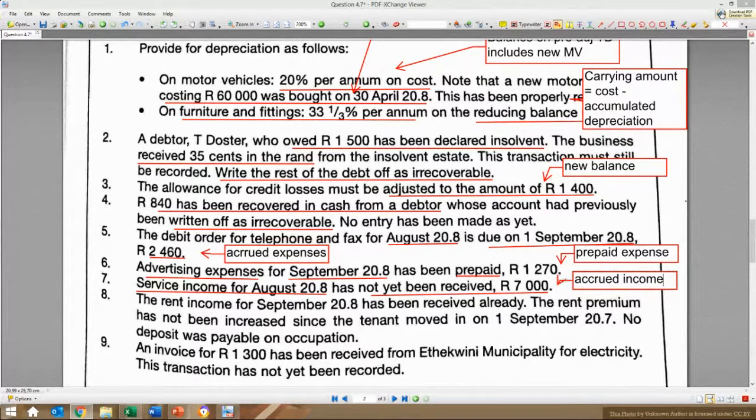Okay, so let's start with entry number 8, which says rent income for September has been received already. That means the rent for September 2008 has already been received, and the rent premium has not been increased since the tenant moved in. So the rental amount remained the same.